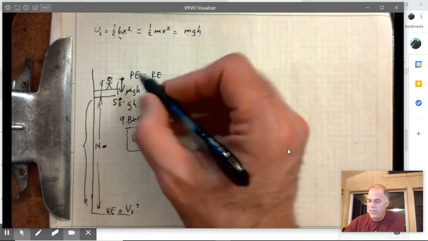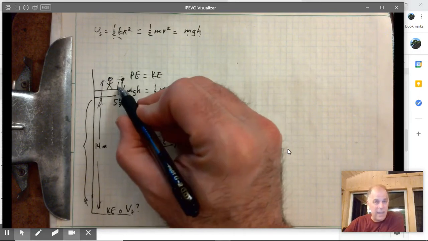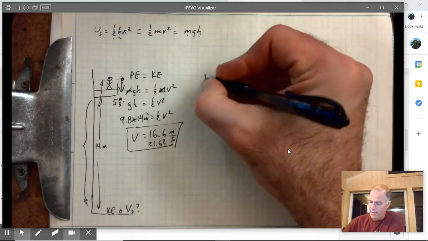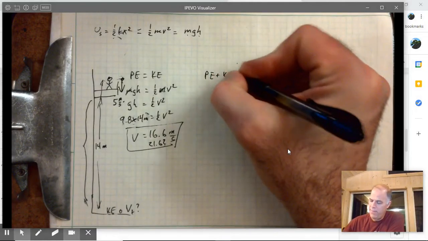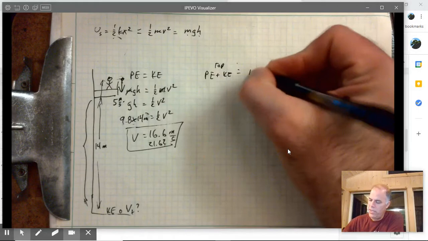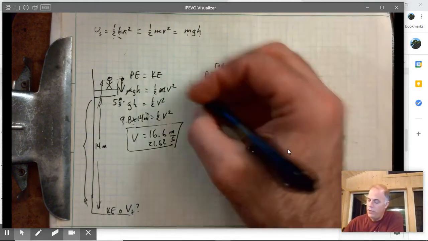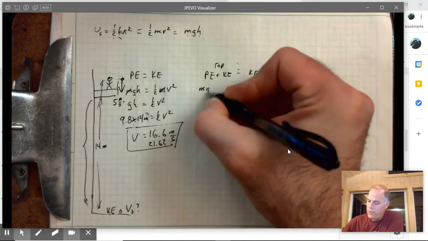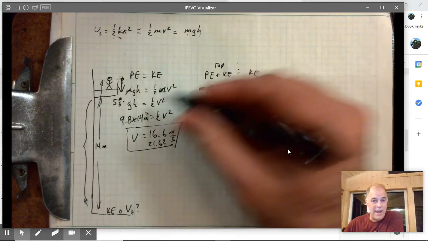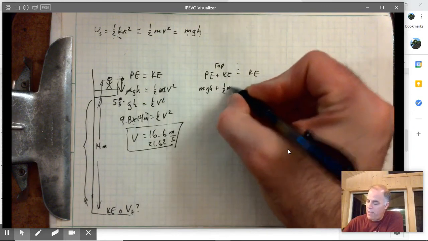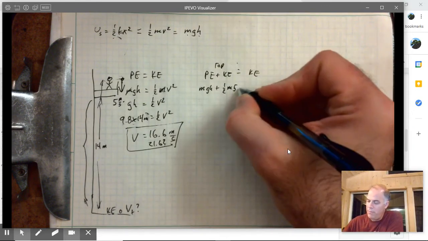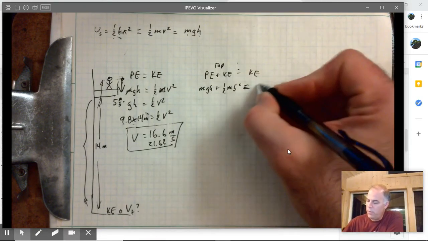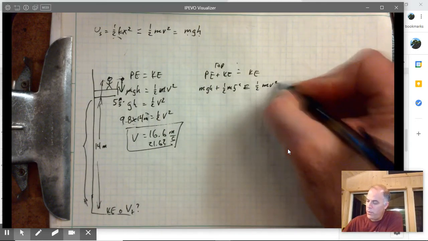So this time at the top, we have some potential energy and kinetic energy. And then that's going to equal the kinetic energy at the bottom. So here we're going to have PE plus KE at the top is equal to the kinetic energy at the bottom. So we have mgh, that's the potential energy, plus the kinetic energy at the top, which is 1/2 m times 5 meters per second squared, and that is equal to 1/2 mv squared at the bottom.